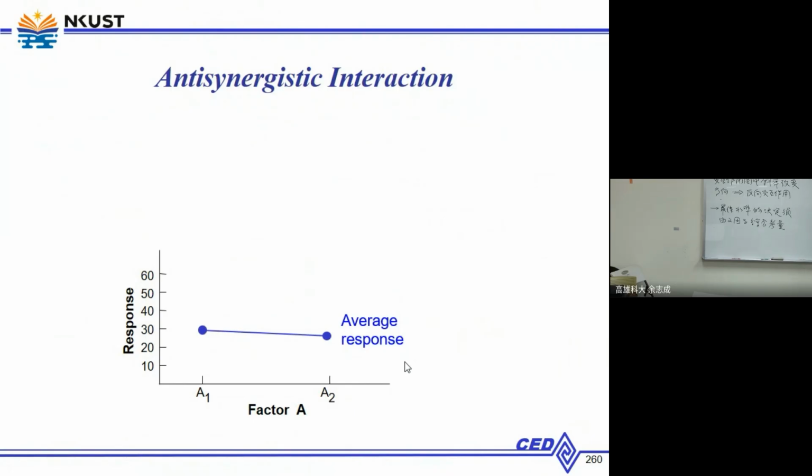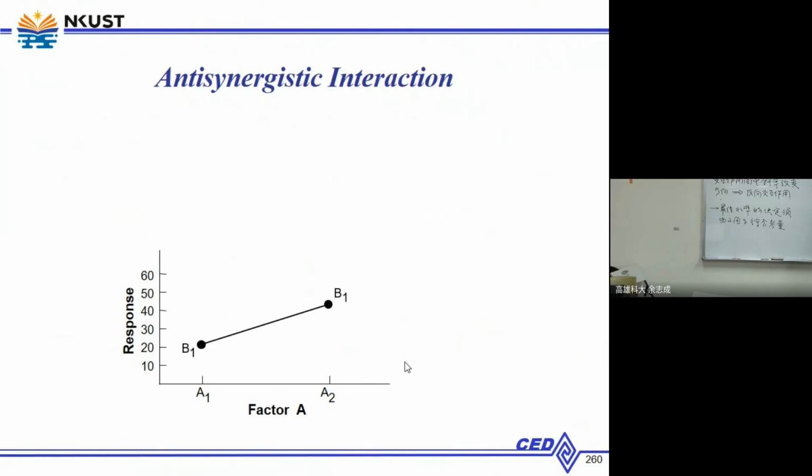So from the effect plot, you select A1. But due to interaction between A and B, if your B is B1, then you should select A2 instead of A1. Okay? So you know that the selection of the optimum level will be different from the effect plot.